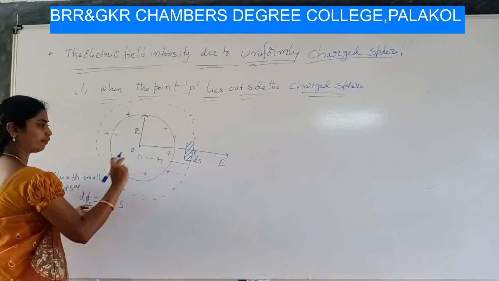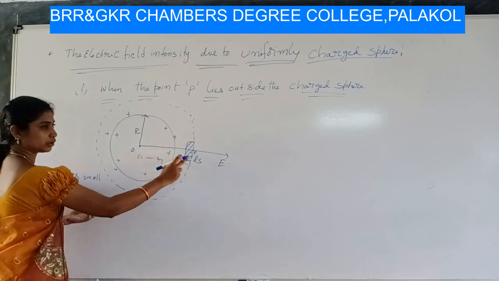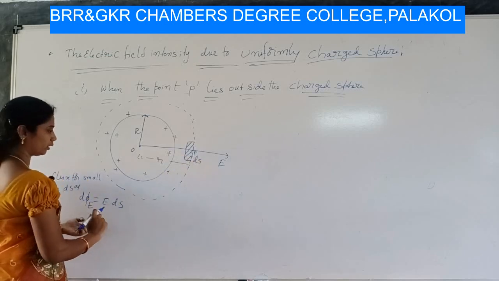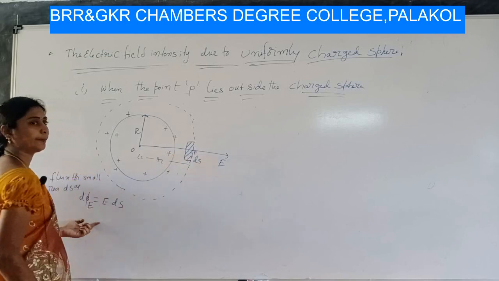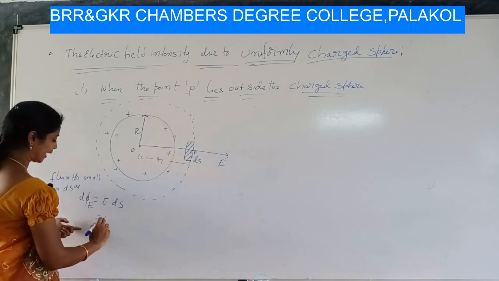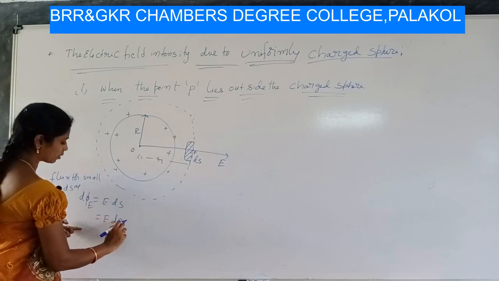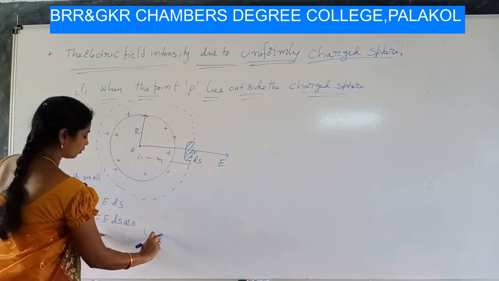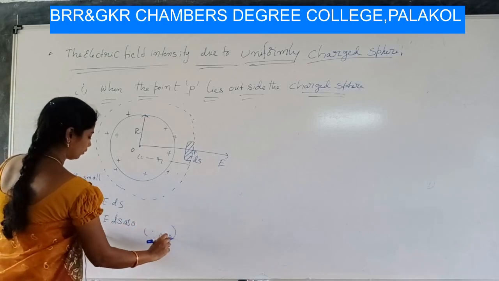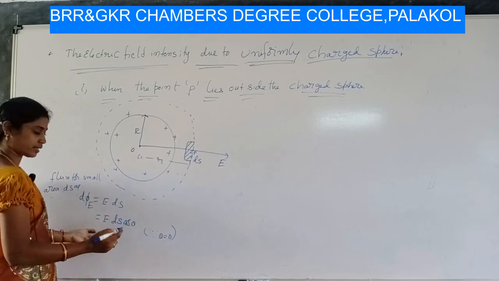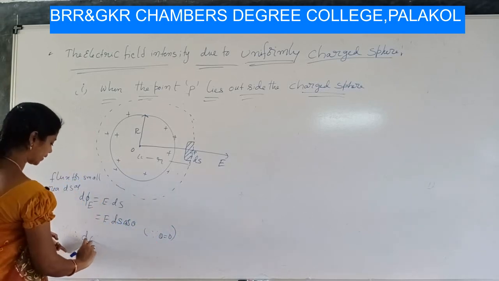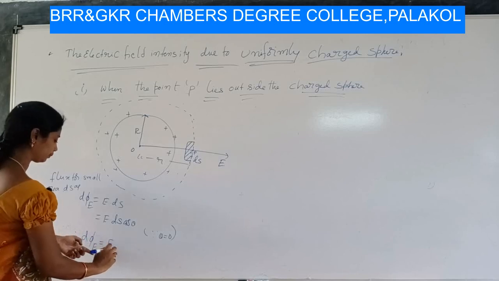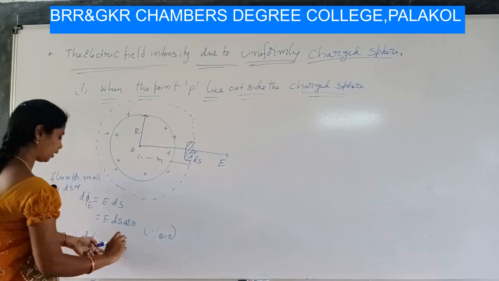Here the electric field is radially outward through this point P. E and ds are parallel to each other, so the angle between them gives E ds cos theta, where theta is 0. Then we know cos 0 is 1. Therefore, the flux d phi e is equivalent to E ds.